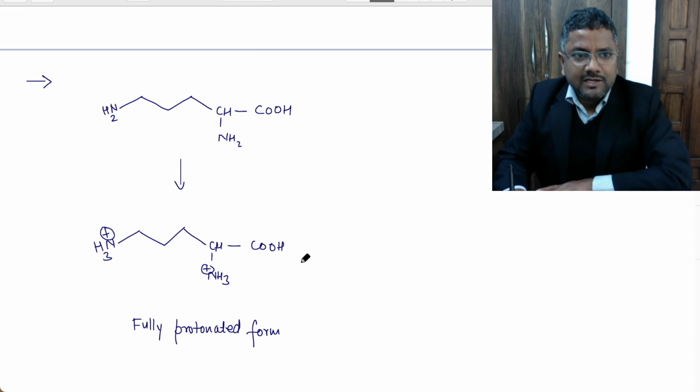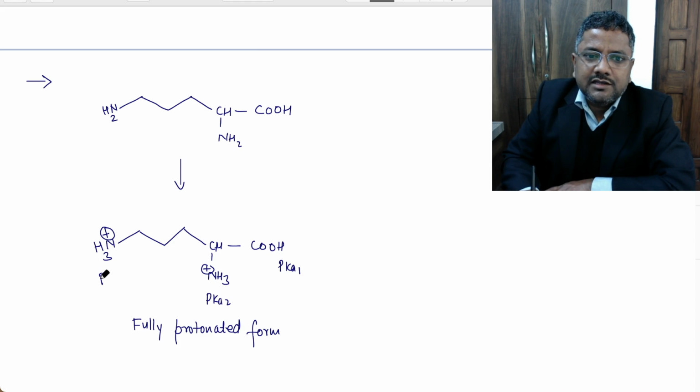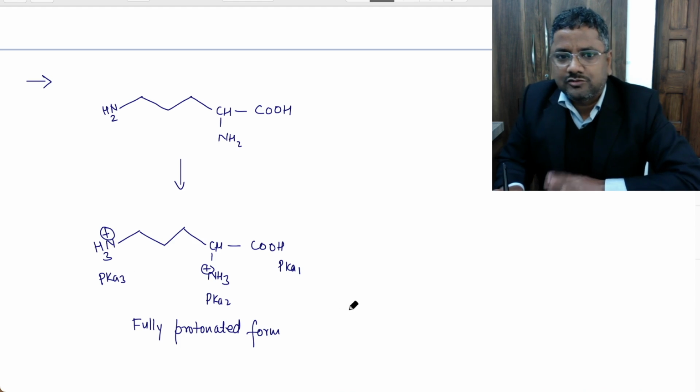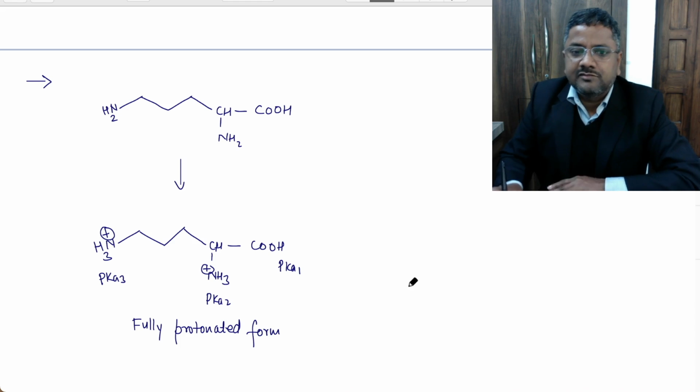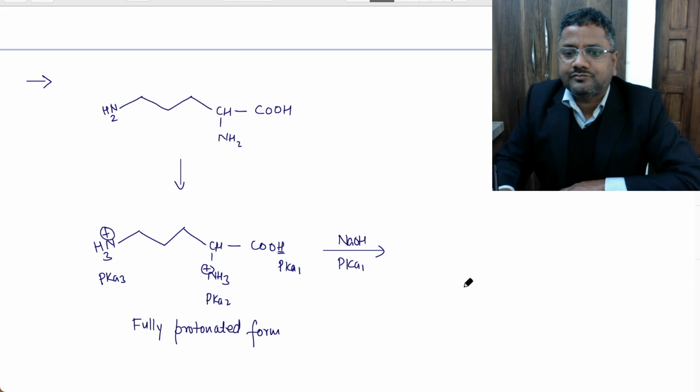Now identify pKa1. The most acidic is this. pKa1 is this. pKa2 is this. And pKa3 is this, right? This is pKa3. Okay, good. Clear? Now start adding NaOH. So which proton will be lost first? This proton will go first. So pKa1 is used here. So what are you getting here?